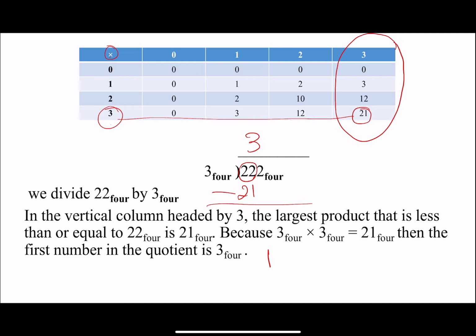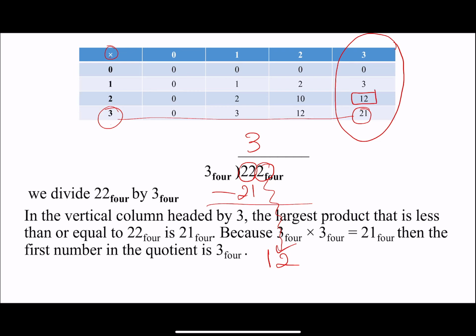As long as you have more digits, you need to keep following the same strategy. Here, you have one more digit. You need to bring that down and follow the same strategy. Now you have 2 divided by 3. Focus on the column of 3. What is the largest product that is equal or less than 2?